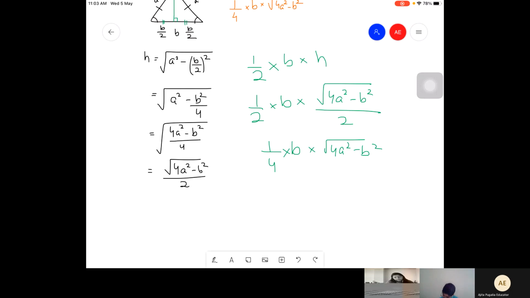So what you just did, you did 1 half base times the square root of 4a squared minus b squared upon 2. So that means it is just 1/4 b and the square root of 4a squared minus b squared. Oh, and we finished. That was a long derivation.